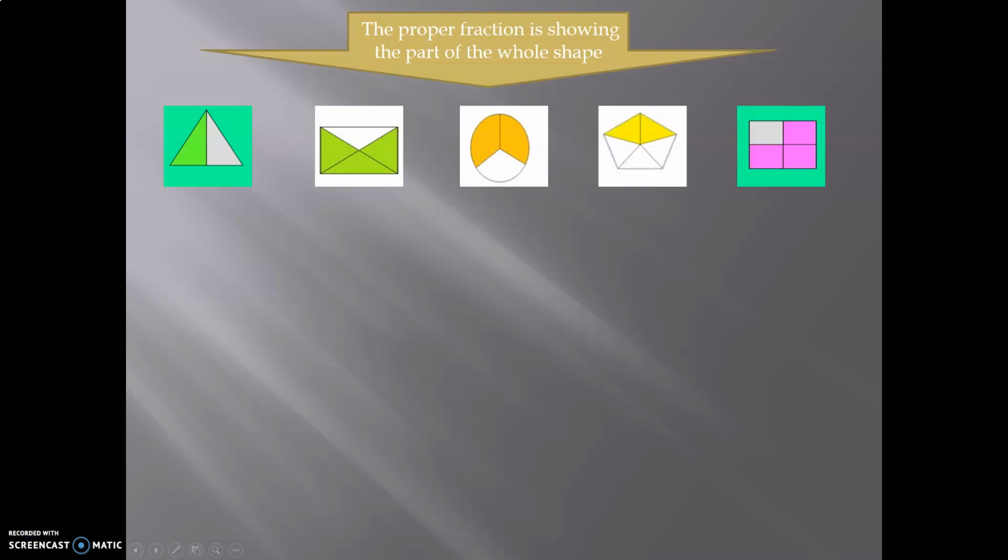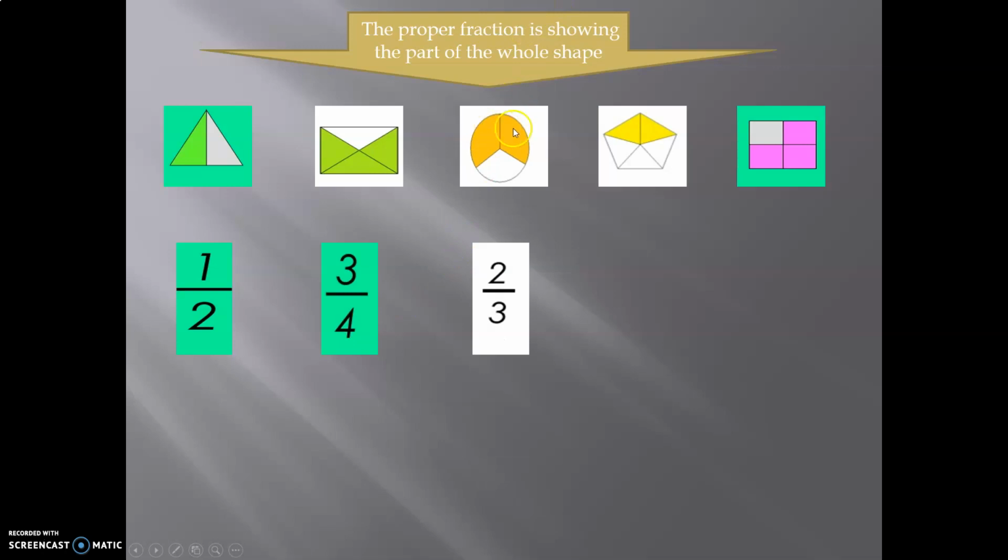Can you see the first shape? Okay, can you give me the fraction for the green part only? Yes, it is 1 out of 2, proper fraction. Here, 3 parts out of the total 4 parts, 3 quarters or 3 out of 4. 2 parts out of the 3 parts are orange. 2 parts out of the total 5 parts are yellow.